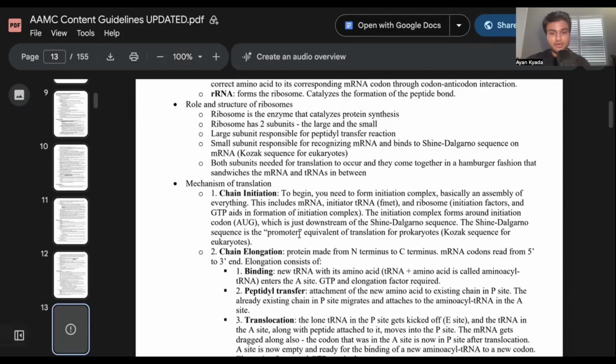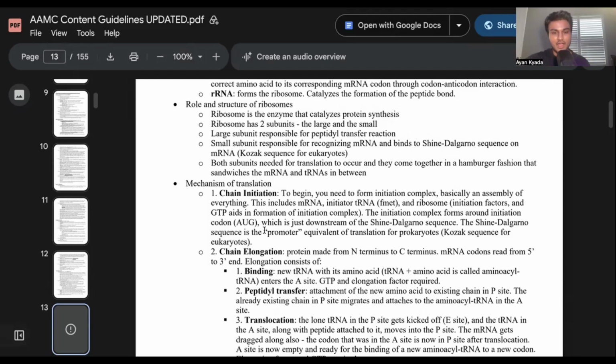Whereas the Shine-Dalgarno sequence doesn't upregulate or downregulate or control translation. All it does is help position the ribosome to look for the start codon of AUG. It just essentially orients the ribosome and the initiation complex to find the start codon and transition into chain elongation. It doesn't have any regulatory control like the promoter does in transcription, so it's kind of an unequivalent analogy, and I just want you to have all the facts.